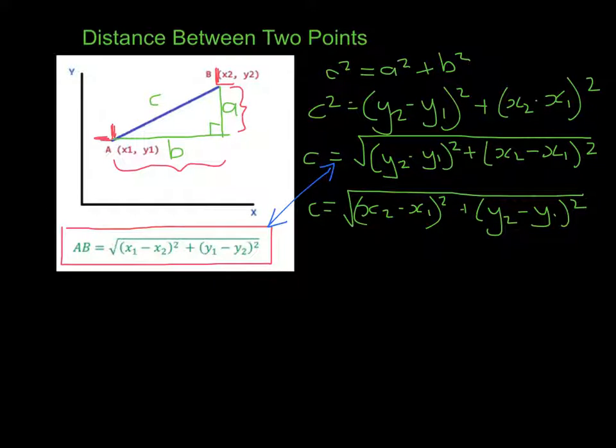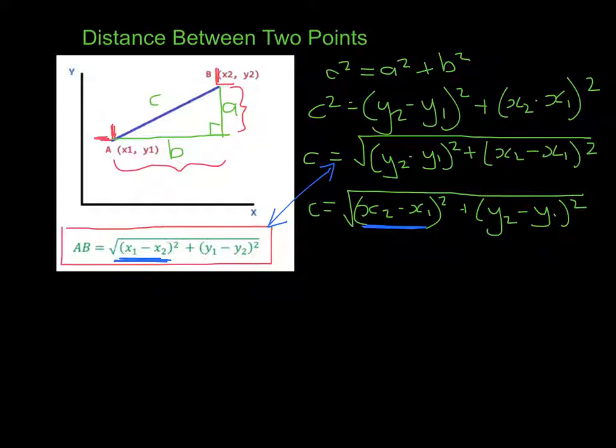Now for some of the more observant people, you'll see that down here in the formula that we've started off with, the x1 and the x2 terms are in the reverse order than the x1 and the x2 terms that I've derived.